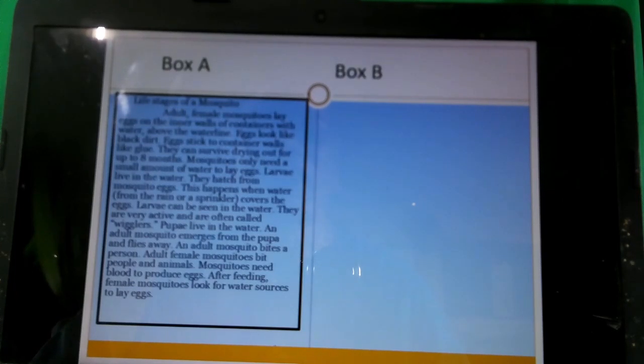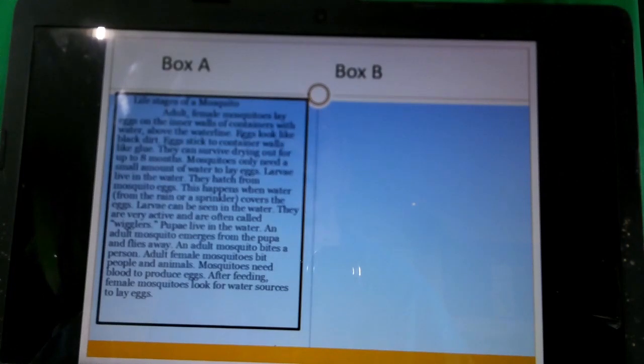They can survive drying out for up to 8 months. Mosquitoes only need a small amount of water to lay eggs. Larvae live in the water. They hatch from mosquito eggs. This happens when water from the rain or a sprinkler covers the eggs.